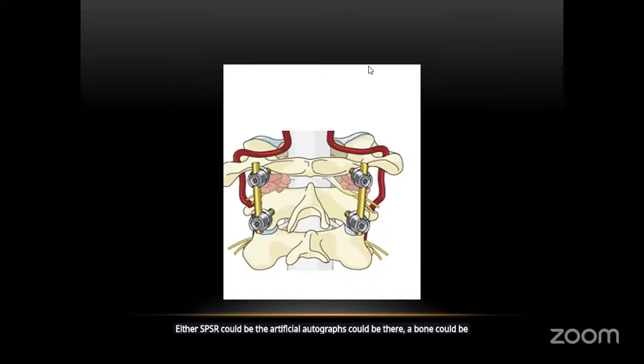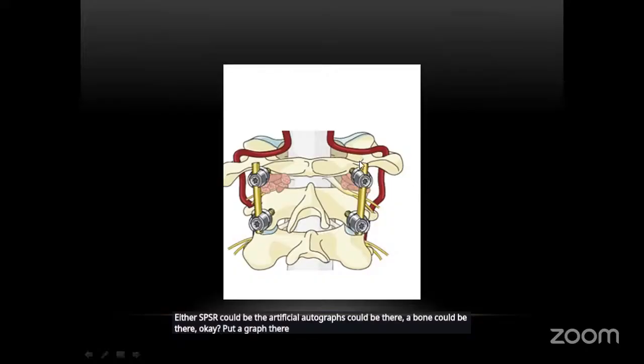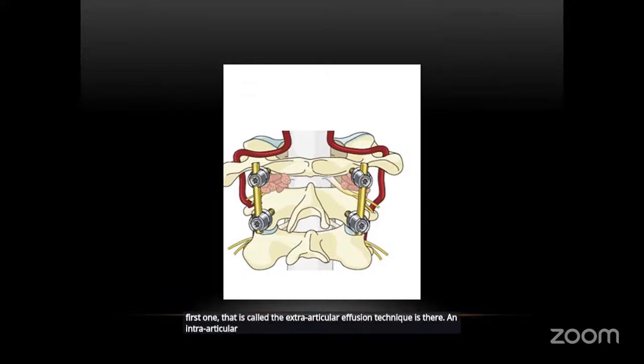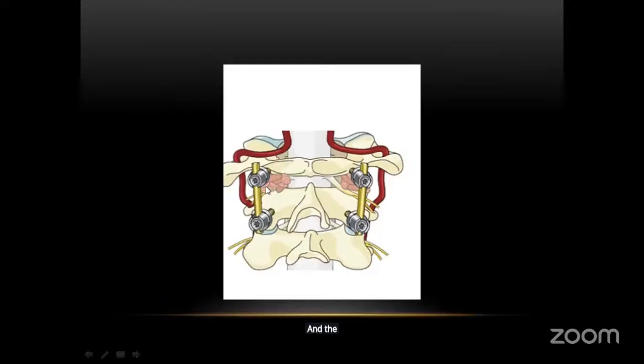Put a graft there, then it is called fusion. This is the intra-articular fusion technique, and the first one is the extra-articular fusion technique. In intra-articular, the facet joint will be disturbed or fractured, then you put a spacer there, and you can use rods. So this is the Goel technique.